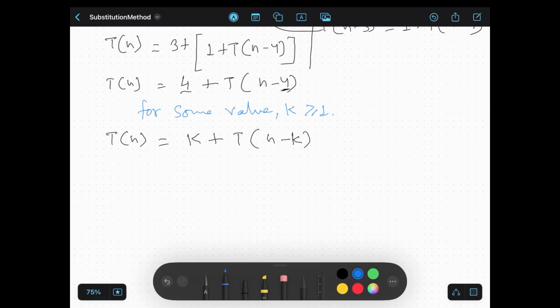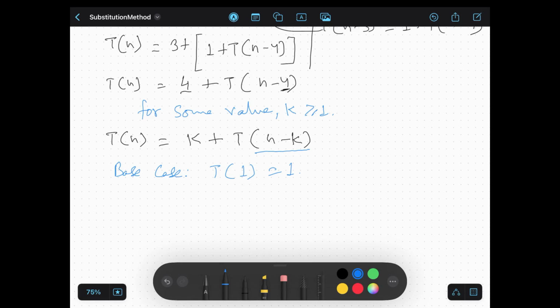Now, what is our base case? T(1) is equal to 1. This means if we make this 1, we are going to go to the base case, right?